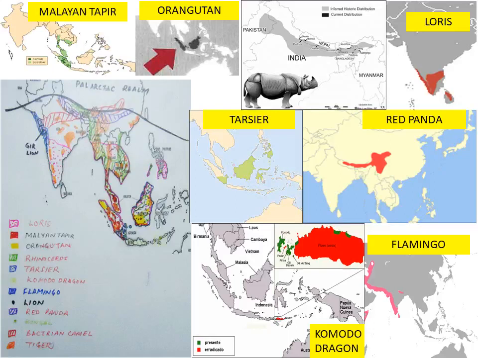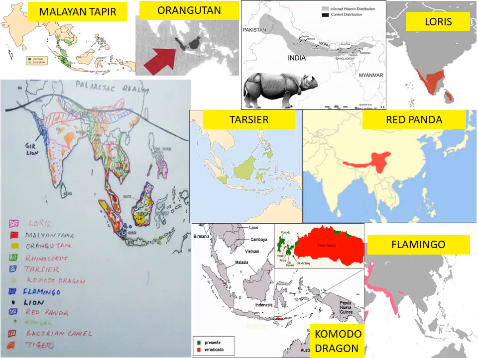See here loris position, south of India, Sri Lanka, red panda in Chinese region and eastern Himalayas, flamingo, side coast of India. Then is Komodo dragon in Komodo island of Indonesia. Then tarsiers in Borneo, Sumatra.